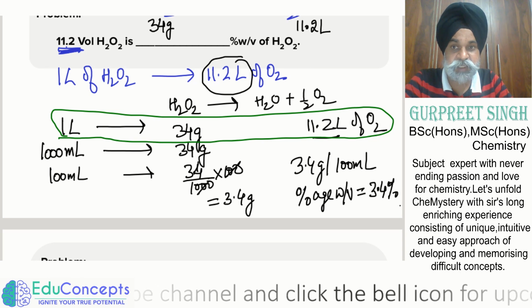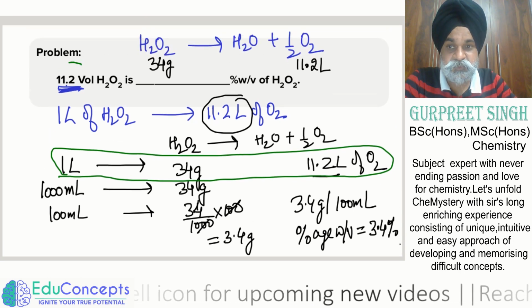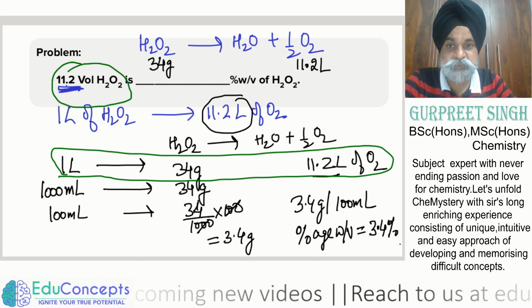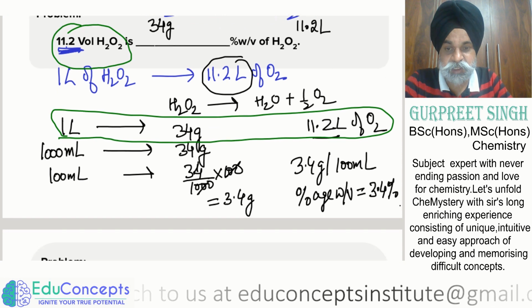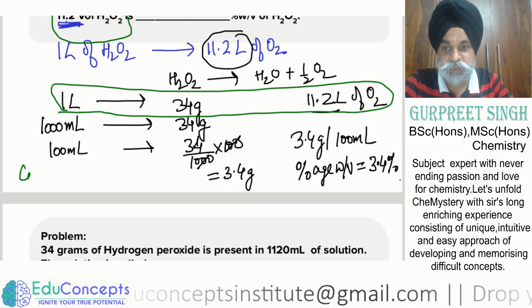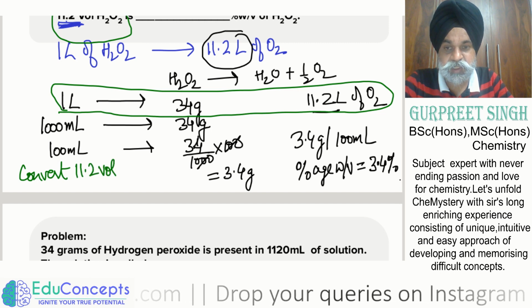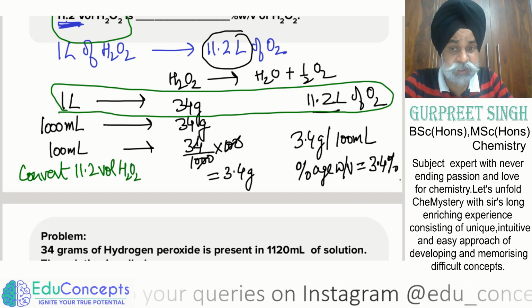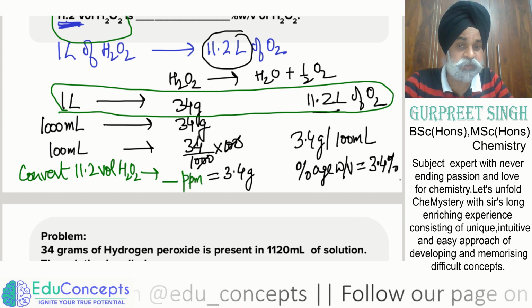And for that matter, if I happen to ask you to convert this volume strength of H2O2, I may ask you like this: convert 11.2 volume H2O2. They may ask in the paper in terms of ppm, parts per million.